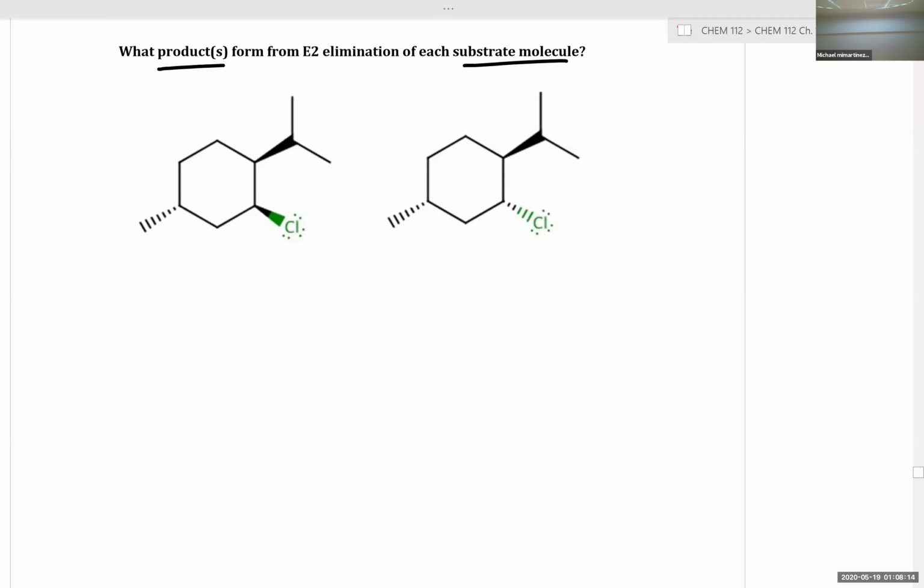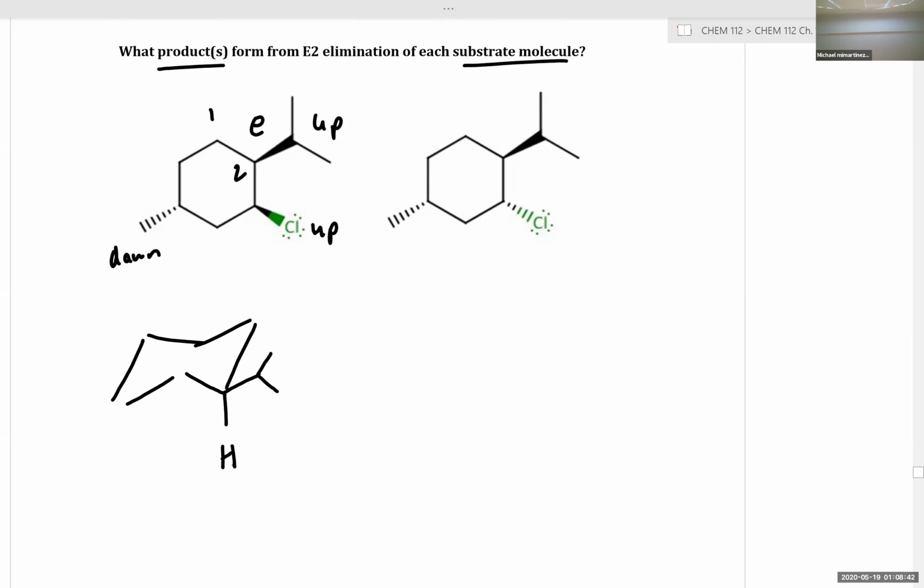So first and foremost, the isopropyl is up, the chlorine's up, the methyl is down. Okay, so let's draw one of our conformations. So I'm going to designate our isopropyl as equatorial. I'm going to put it at carbon 2, just because the bulky isopropyl group will almost never want to be axial.